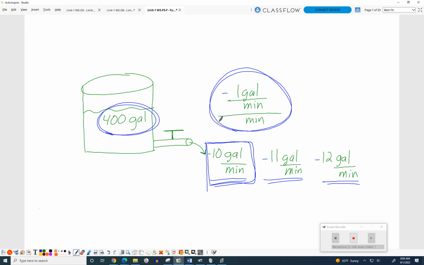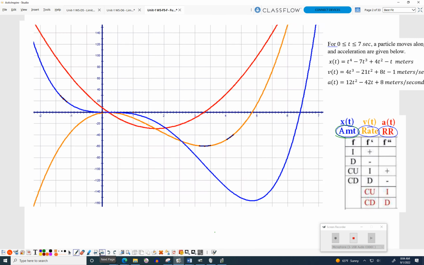This topic is far more important than limits, this idea of understanding amount, rate, and rate of the rate. We have a chart here to help us understand how these 3 things relate to each other. I did not invent the chart. I have to give credit to a student I had the very first year I taught calculus.